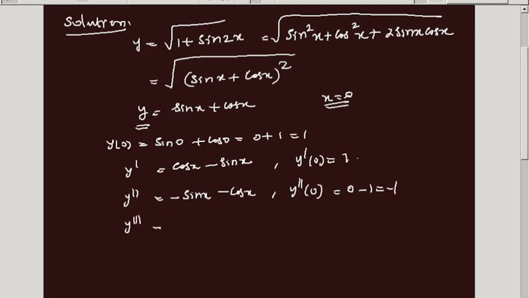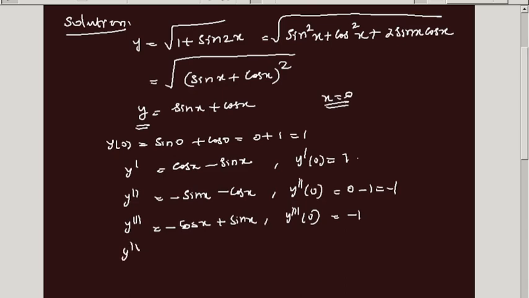y triple dash is nothing but differentiation of this one. Minus sin x is minus cos x, and here minus into minus, plus sin x. So if we substitute the value 0, minus cos 0 is minus 1 here, and sin 0 is 0.